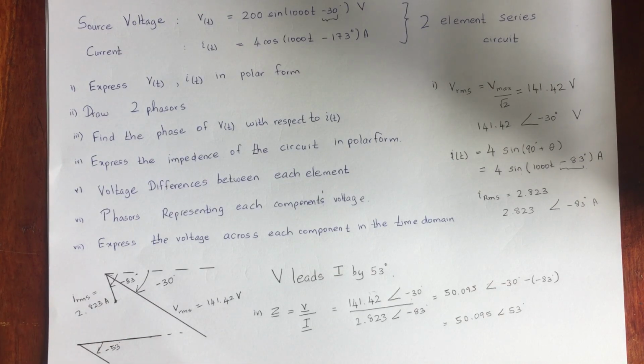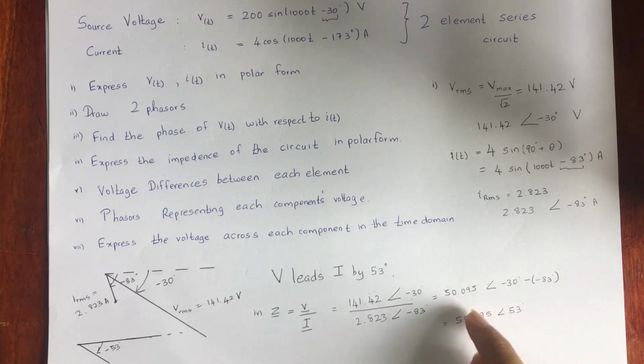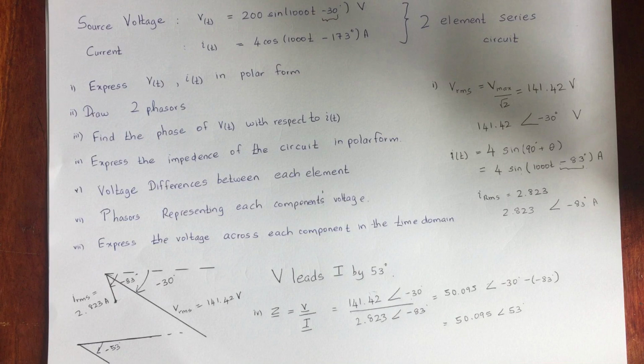However, to find whether there is any resistor or resistance, you need to find this impedance. After that only you can come to a conclusion whether there is a resistor or reactance.